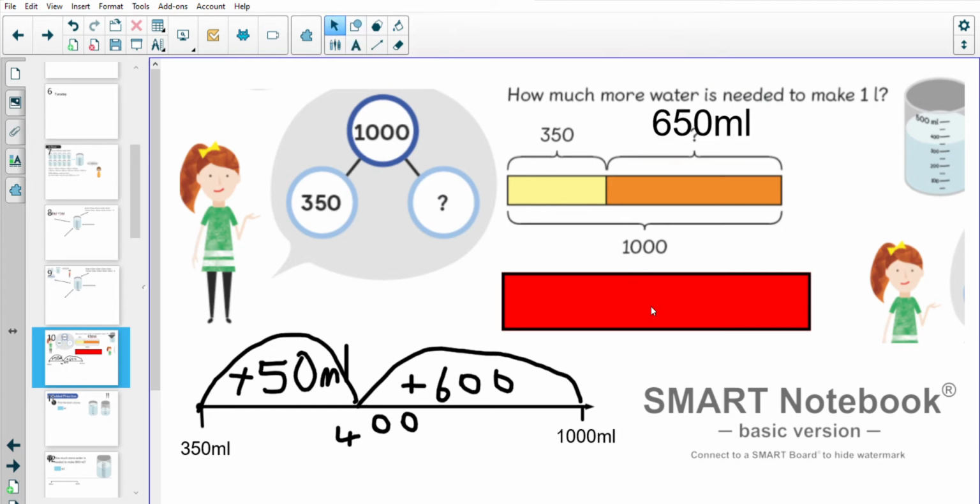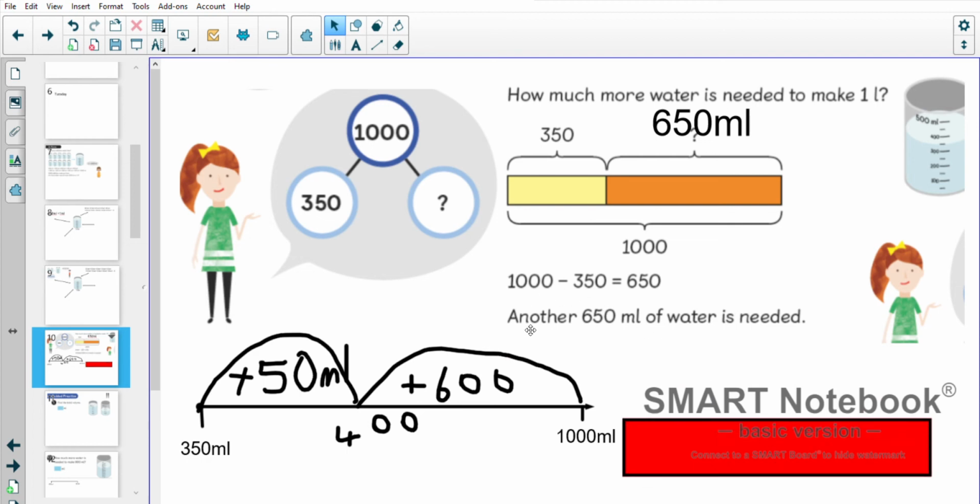And if I just show you the answer here, I could look at it the other way around. 1,000 millilitres take away 350 is 650. We need another 650 millilitres of water. Now, a big thing that some people make the mistake of is that they will look at this and say 350 plus something is 1,000.